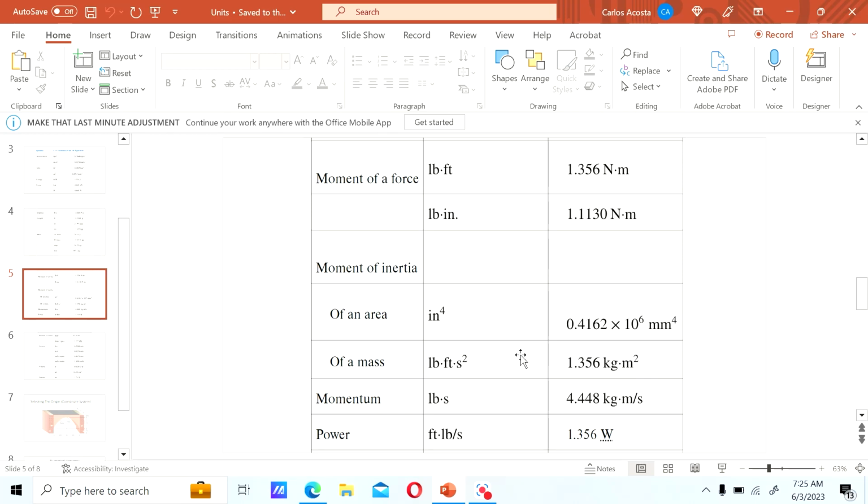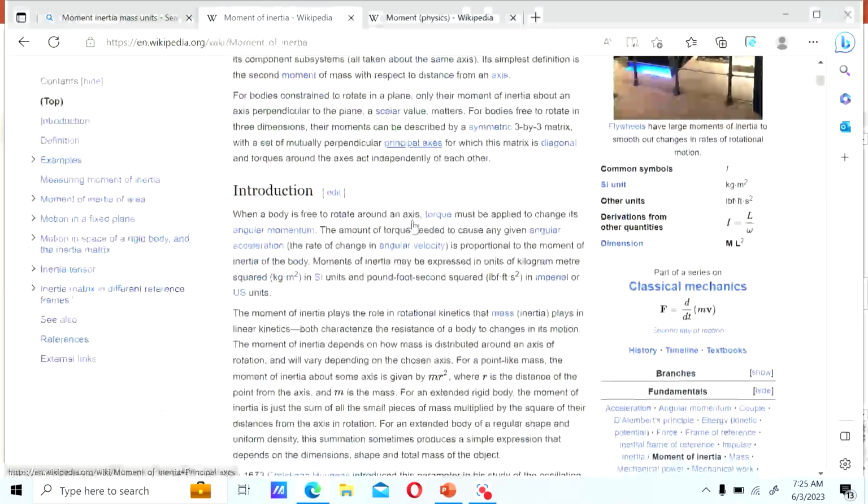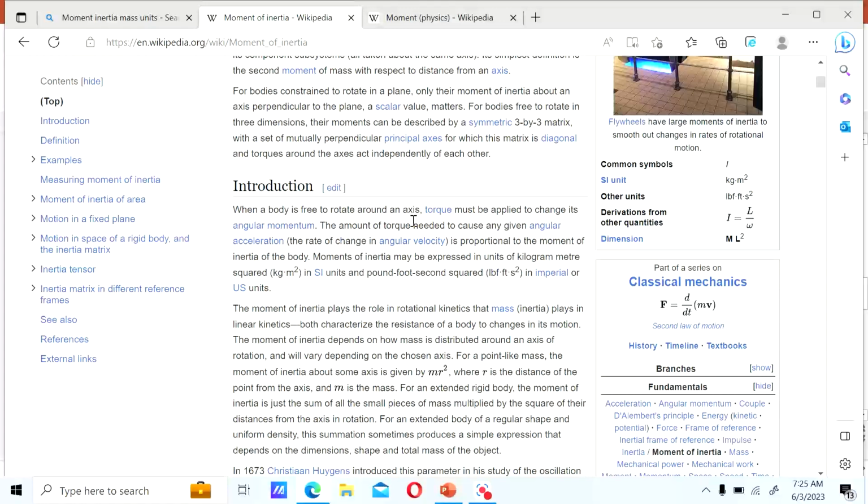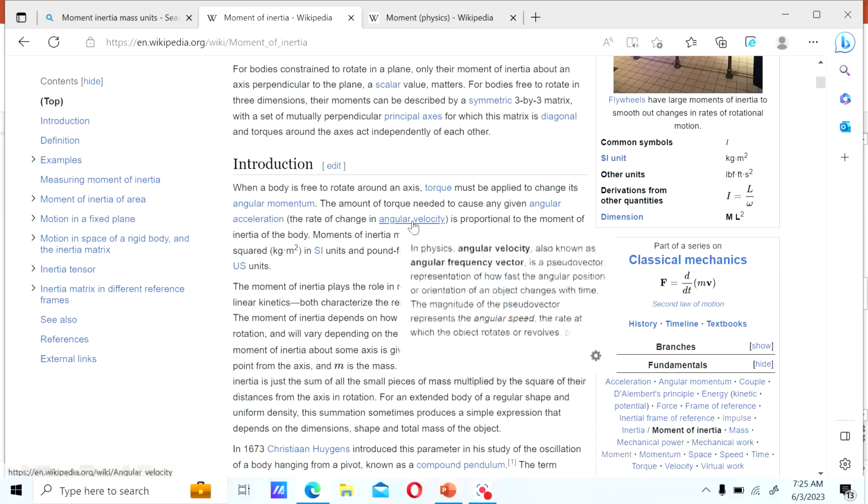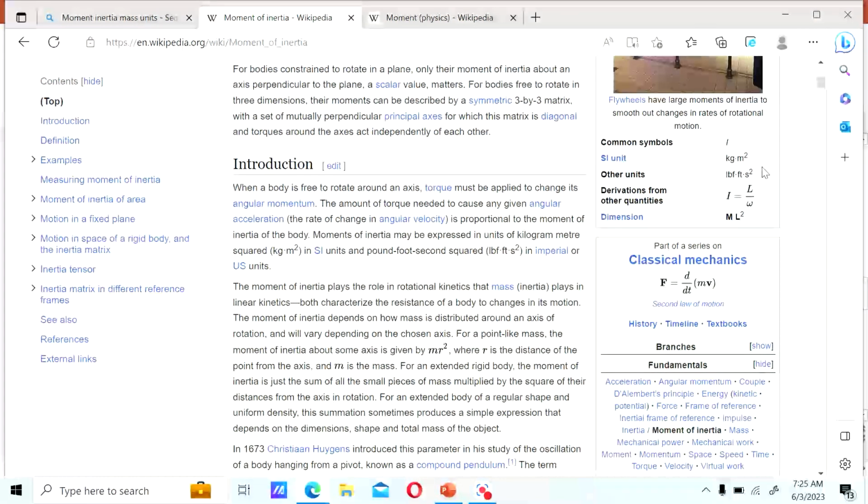So why is this one having seconds? I don't think that's true. Well, it does. Other units is SI. Oh, I see why. Okay, because this is pound force.